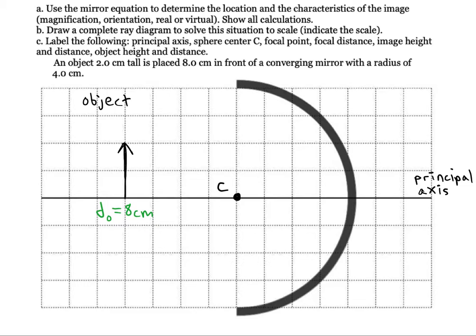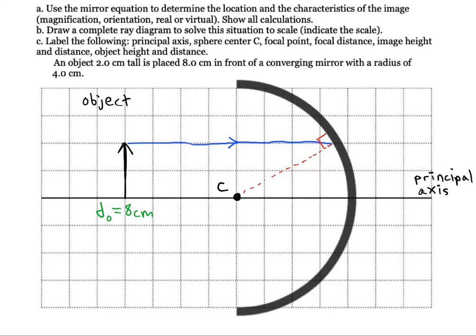And why not? Why don't the rays bounce through that center? Well, if you trace a parallel ray, you'll see why. That ray is headed to the right. If I were to draw a radius for this spherical mirror, then that radius would have a 90-degree angle with the mirror surface.